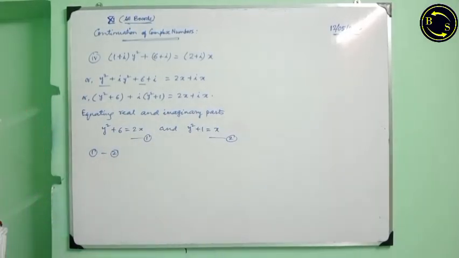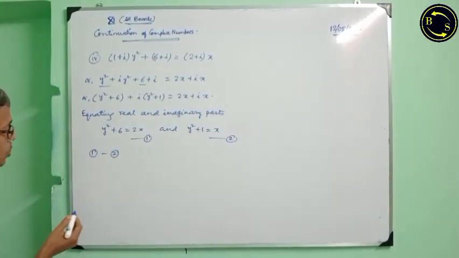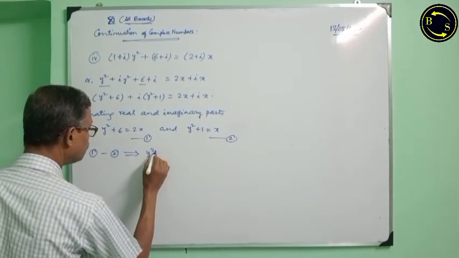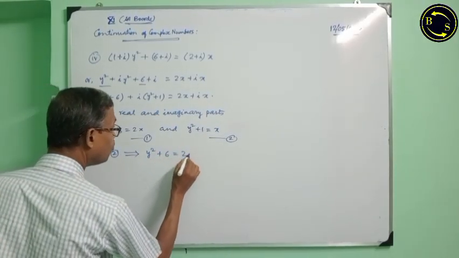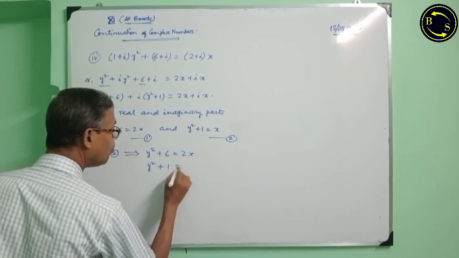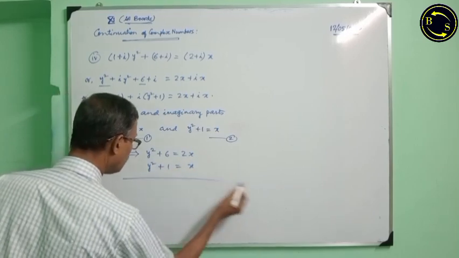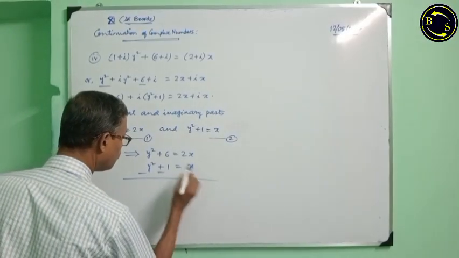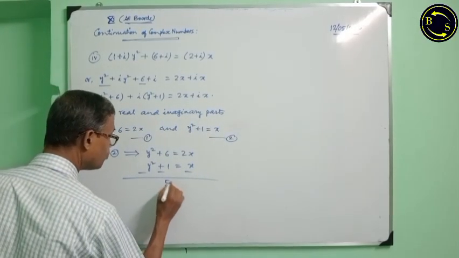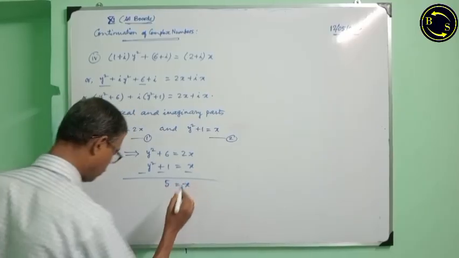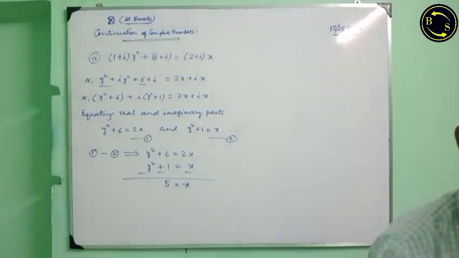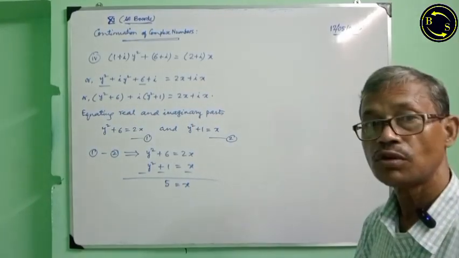Subtract equation 2 from equation 1. x equal to 5.